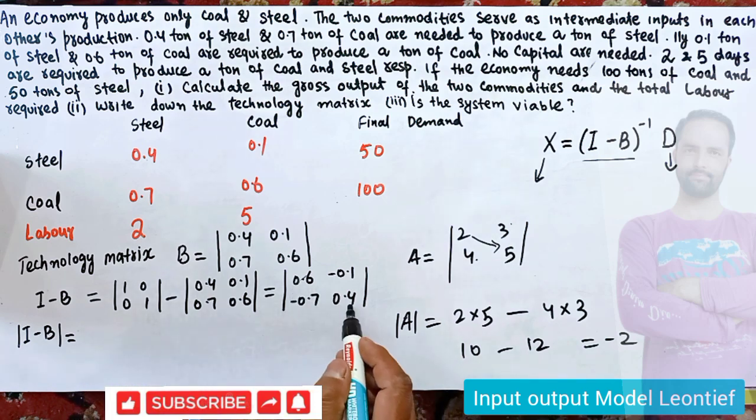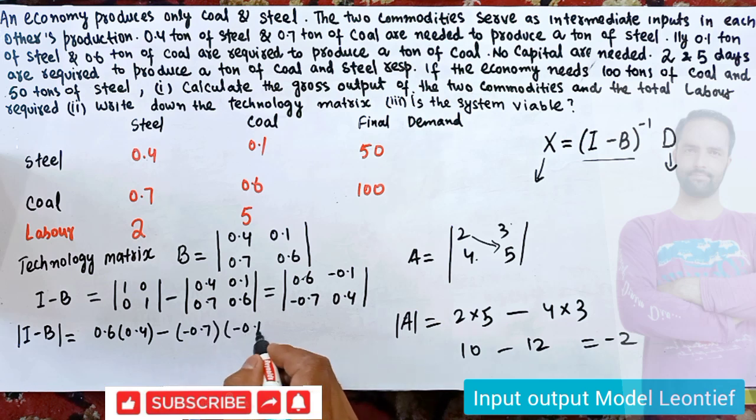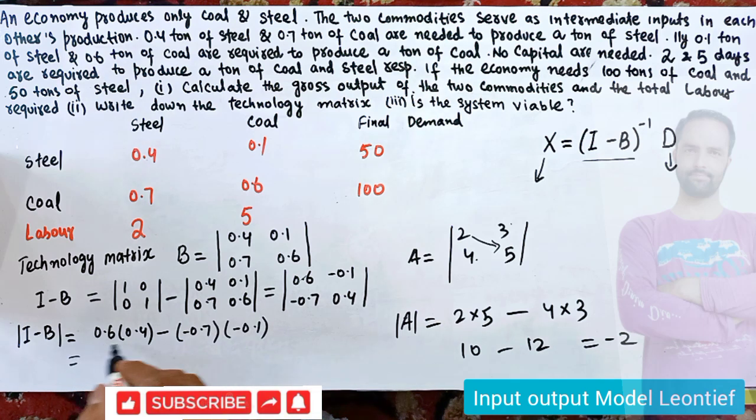So multiplying these two, 0.6 into 0.4. Then we have minus from the formula, then minus 0.7 into minus 0.1. So 0.6 into 0.4 is 0.24, minus minus here is plus, then we have again minus, so 0.7 into 0.1 is 0.07.